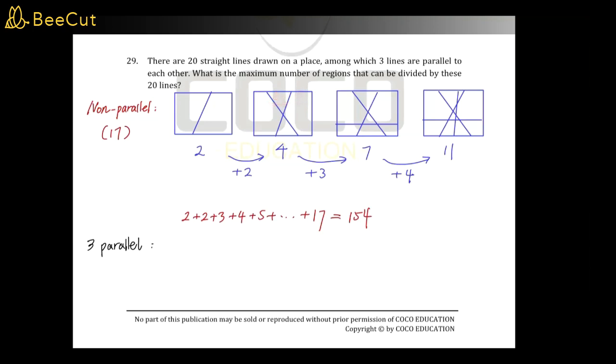And if we intersect with 3 lines, it will introduce 4 new regions. This one intersects with 17 lines here. So each of them gives us 18 new regions. This 18 times 3. Another 54 regions. So we add them together. Total is 154 plus 54 equals to 208.